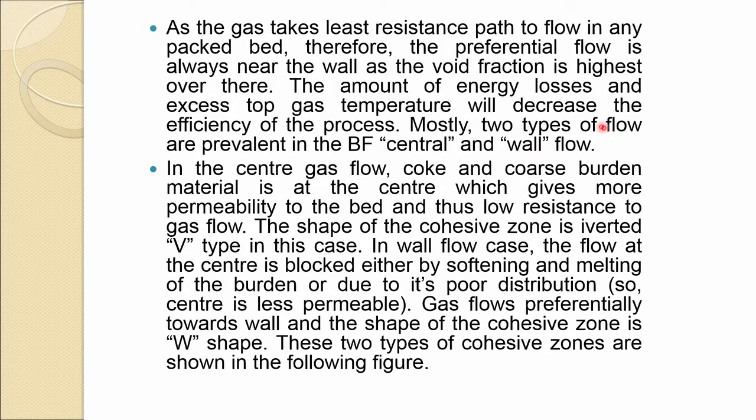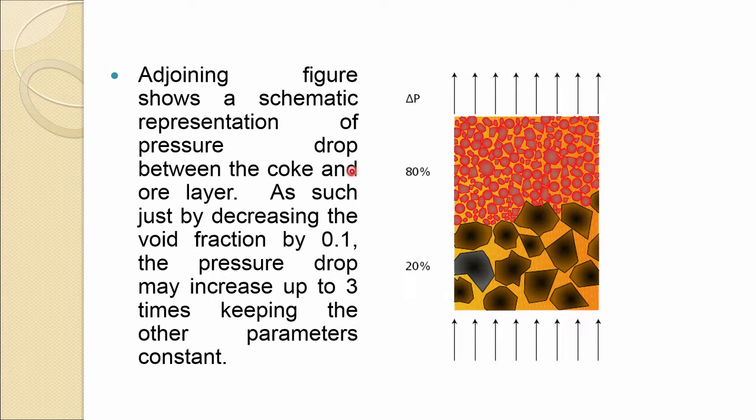So, mostly two types of flow are prevalent in the blast furnace, central and wall flow. If you look here, suppose this is a wall, the contact point here would be just like a point on the wall with the material. So, you would have a very high porosity just near the wall.